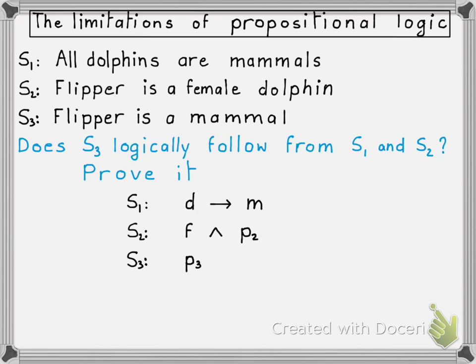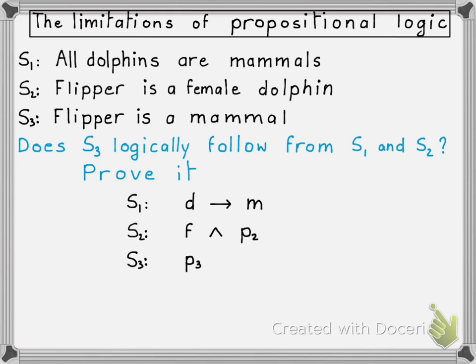So maybe before we start building the table, we should stop and think. In fact, you should realize there's something strange about this set of 3 propositions. Notice, for example, that P3 only appears inside S3.